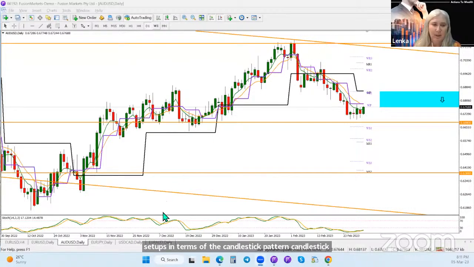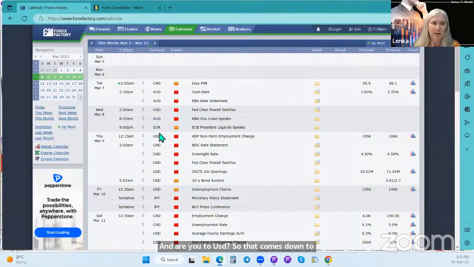Okay, now when is a good time to be looking at Euro AUD and AUD USD? So that comes down to news, and there is high news coming up. So looking at Forex Factory, this is the news that's coming up for the week ahead. And here I'm looking at, okay, what is likely going to move the market?